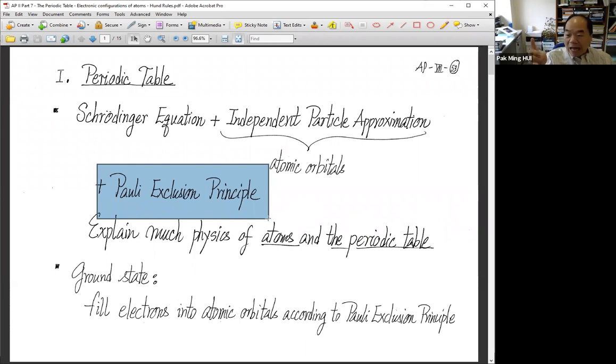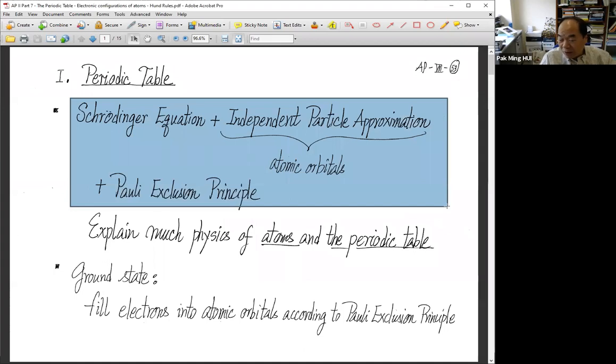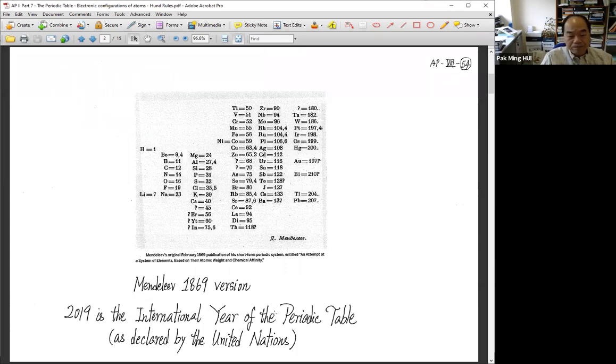A byproduct of that, when we invoked single electron atomic orbitals, is the Pauli exclusion principle. Together, these two parts, as we discussed throughout the various parts, give us the understanding of atoms and the periodic table. The ground state of an atom becomes, we fill in the atomic orbitals according to the Pauli exclusion principle. And then we have this idea of the periodic table.